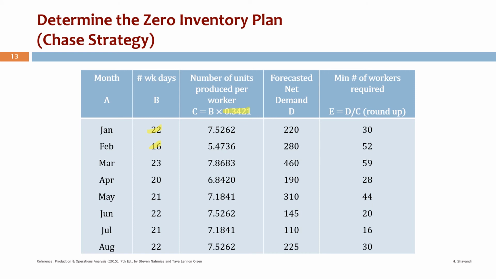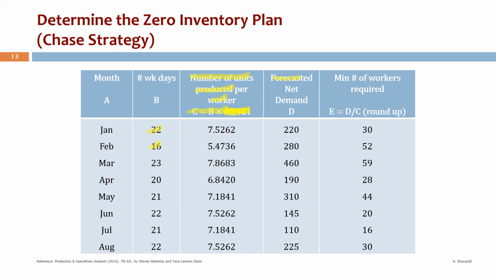If you multiply this parameter k by the working days, then it will be the number of units produced per worker in each month.